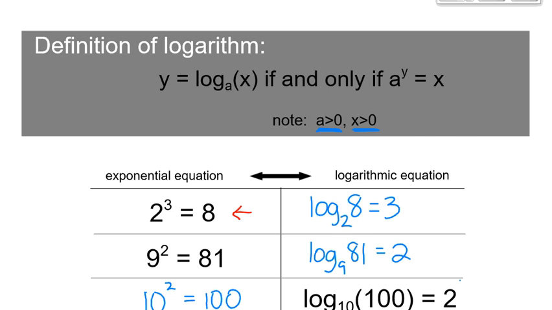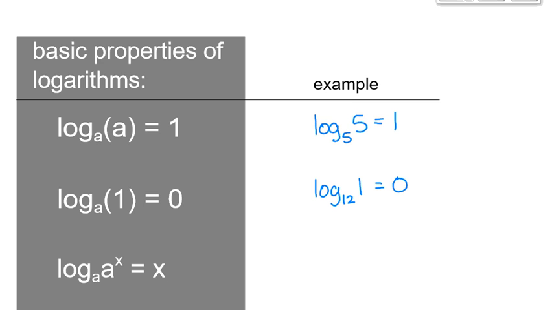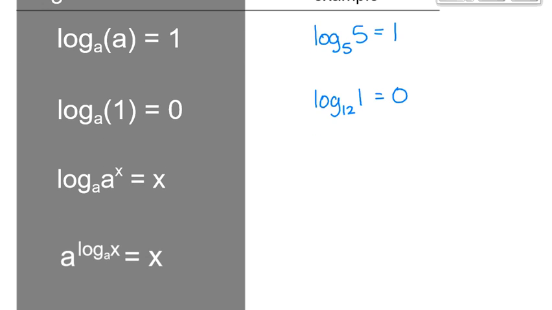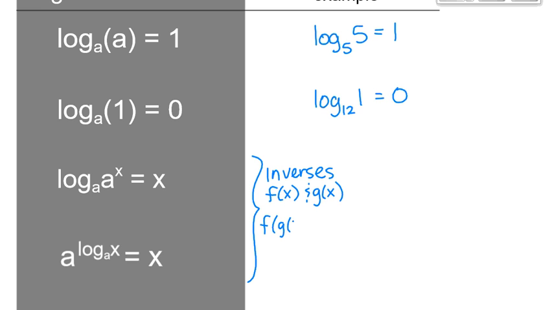Okay, going back to where we were, looking at basic properties, the next two have to do with the fact that, as we learned about inverses, when you have f of x and g of x that are inverses, then f of g of x will equal x because the inverse operations will cancel each other, and g of f of x will equal x, same thing.